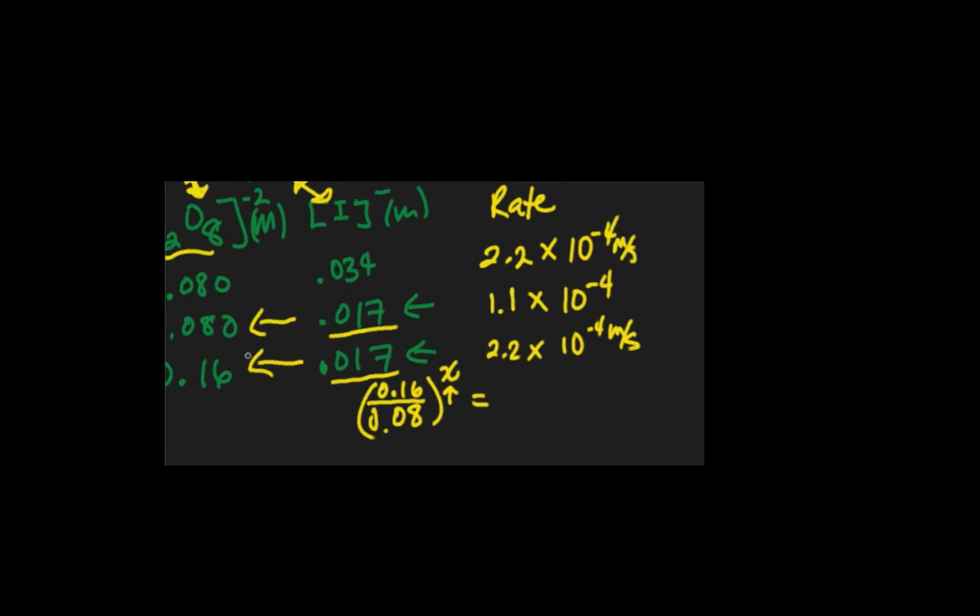Whenever I'm looking for the exponent of the first column, I go to the second column, look for where it's constant. Once I find where it's constant, I go back to the first column and I make a ratio of those two experiments where the second column was constant. So look at the first column in this case.